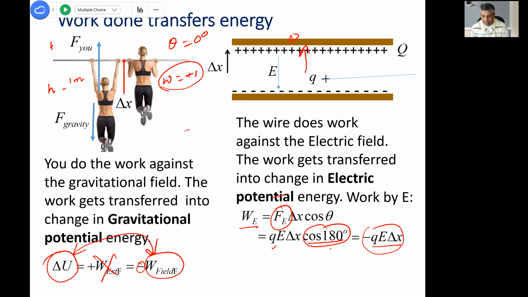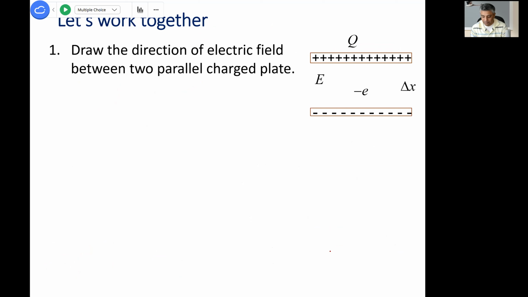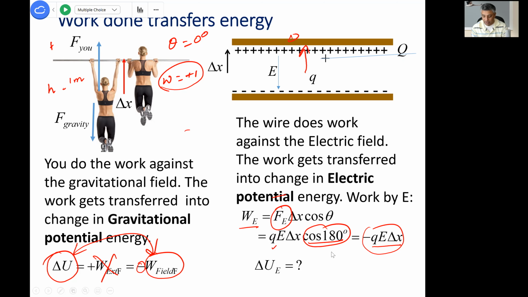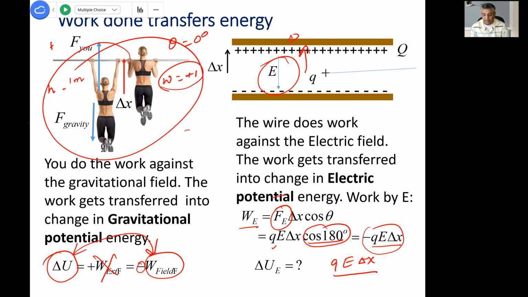So the change is going to be just QE delta X. That's the change in potential energy due to this electric field when the charge is moving up, just like this.